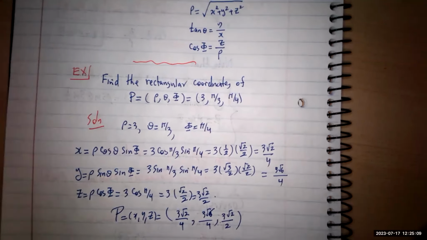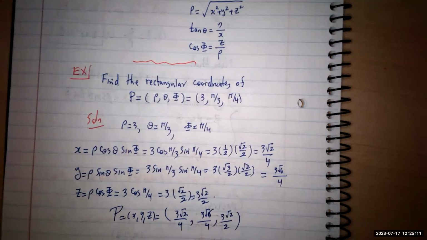So that gives you the coordinates of your point. Any questions? You have to do one the other way around. The converse is not going to be unique, so you have to check where the point is coming from, which quadrant, and get that one.